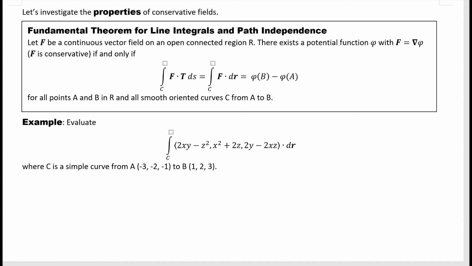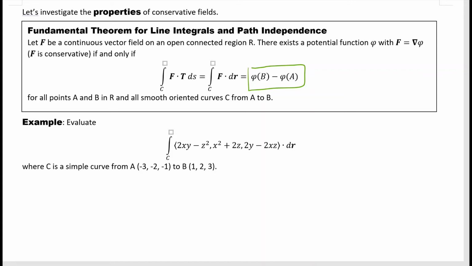So this means F, the vector field, is conservative if and only if the line integral along the path C of F dot T ds equals phi of B minus phi of A for all points A, B in the region R and all smooth oriented curves C from A to B.